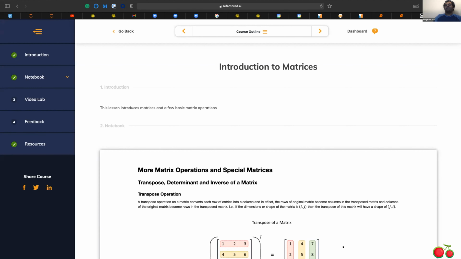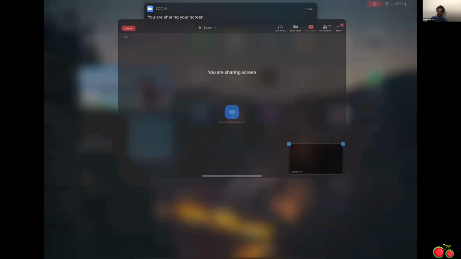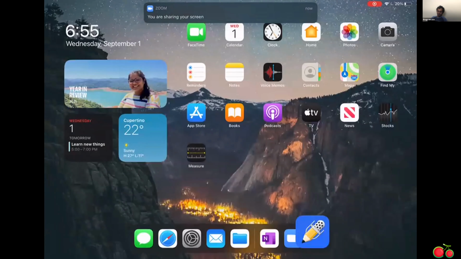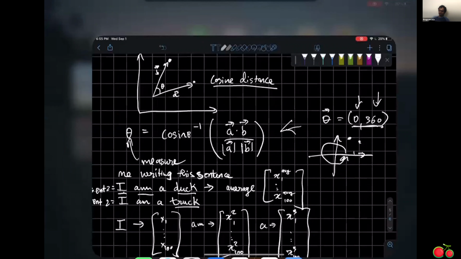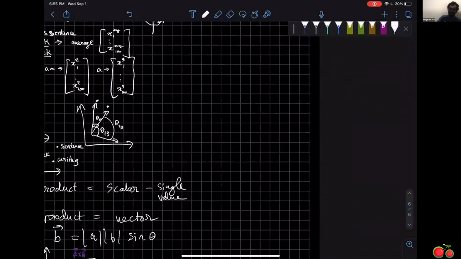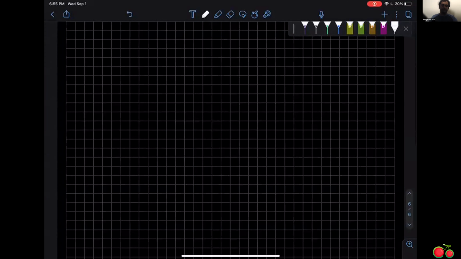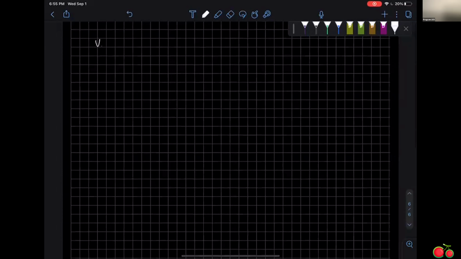All right. So I'll switch to my iPad for matrices. It's much easier. So far we covered vectors. In vectors we were just looking at columns or rows as vectors.